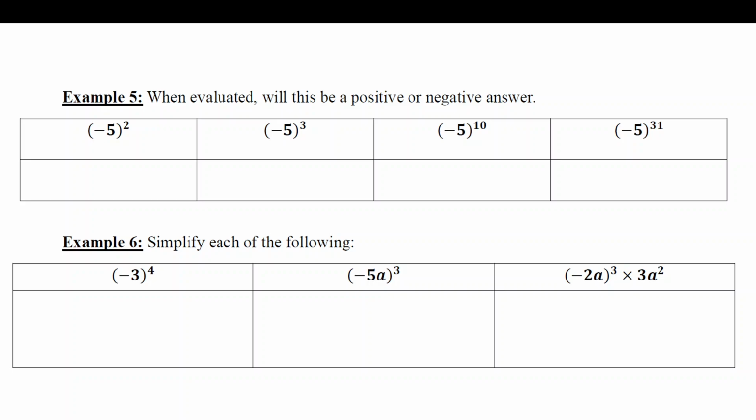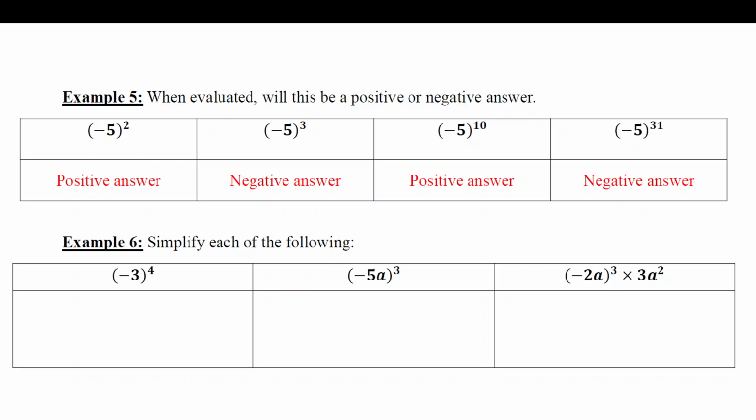We know that that's going to give us a positive number, because negative 5 times negative 5 gives us 25. Now, because this is an odd power, we're going to get a negative answer. Now, because this is an even power, we're going to get a positive answer. And because this is an odd power, we're going to get a negative answer.